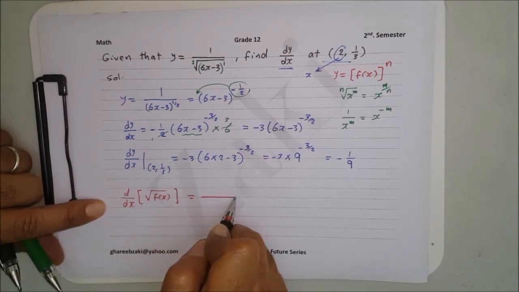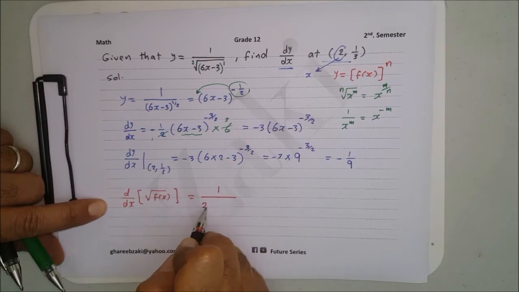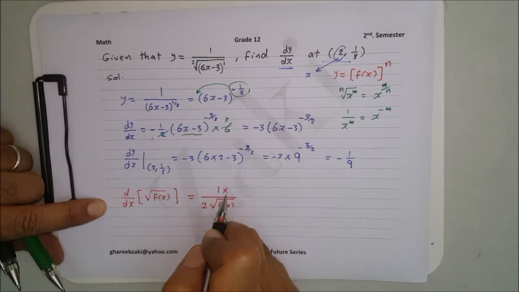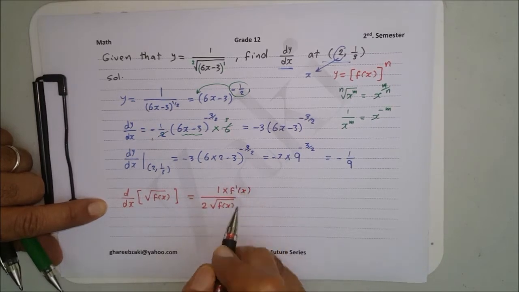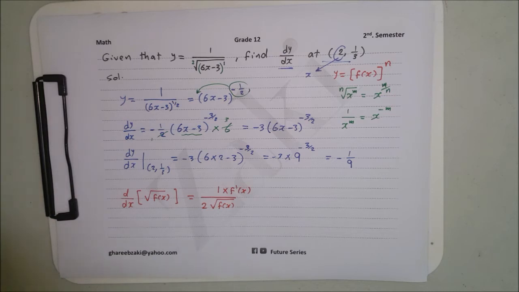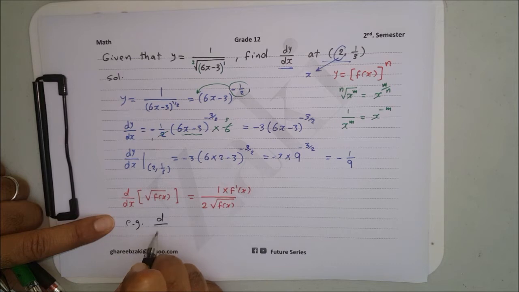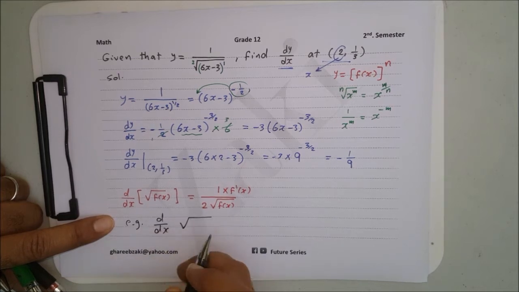It equals 1 over 2 square root of f of x, multiply by the derivative of inside the radical, multiply by f dash of x. For example, d by dx of square root of 6x minus 3.